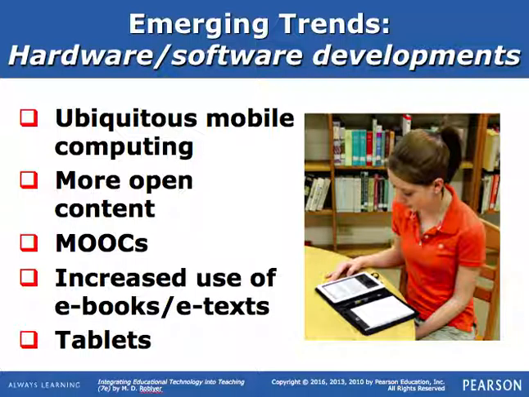Oh boy, let's see. Hardware and software developments, ubiquitous mobile computing that's out there, more open content is out there. MOOCs are free online courses that are offered by a lot of people like Harvard. You can take a free course at Harvard online through this thing called MOOCs that we'll talk about a little bit more.